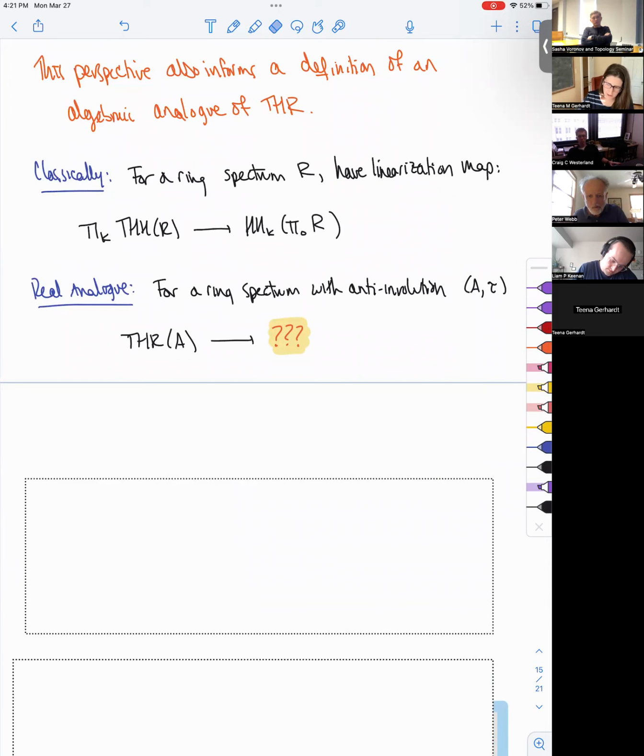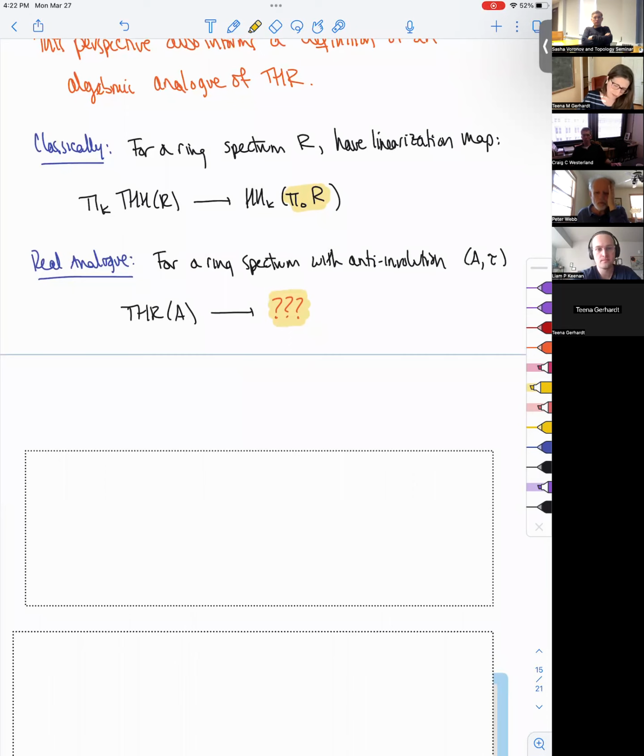It mapped to something about pi naught of R in the classical case. And so the first question is what kind of thing is pi naught of A? I have this A, and what kind of thing is pi naught of A? What should be the input of my algebraic theory?